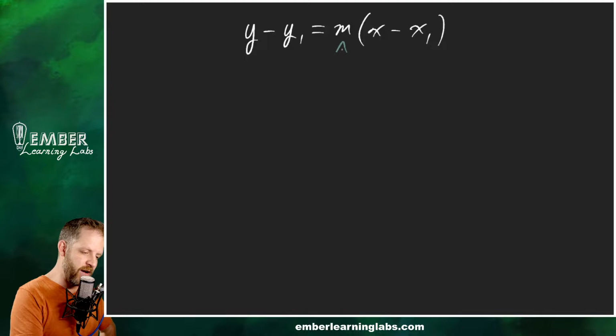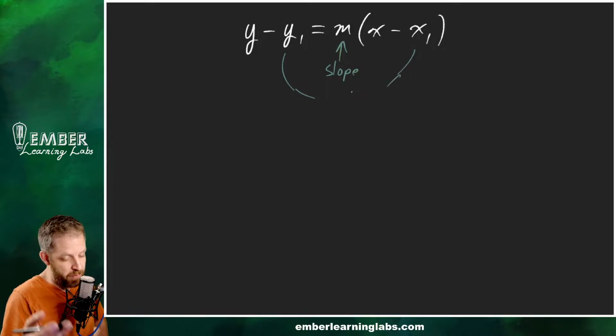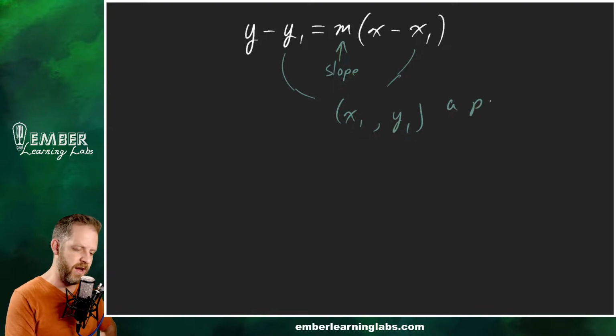So the m is still the slope. That's not a surprise, probably. The x1, y1 are a point, hence the name point slope, right? So it's x1 comma y1 is a point on the line, right?